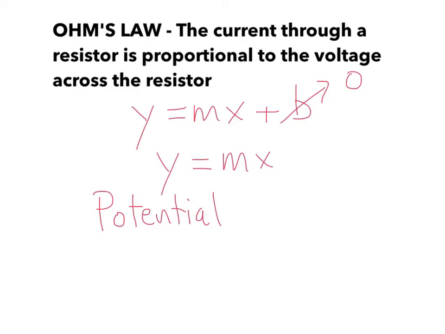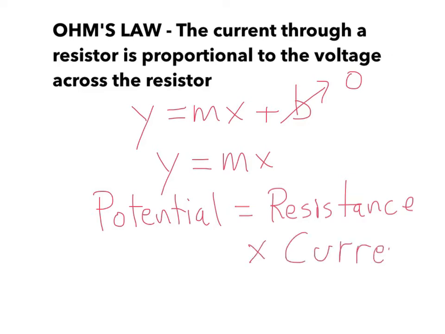And that's equal to the slope of the line, which as we saw is the resistance. And then that resistance is multiplied by whatever you graph on the x-axis, which is current or flow rate. So we've built this formula. The potential, measured in volts, is equal to the resistance, measured in ohms, times the current, which is measured in amps.